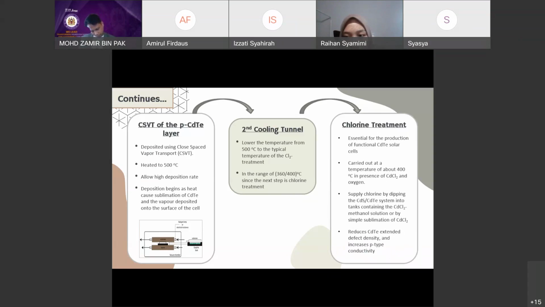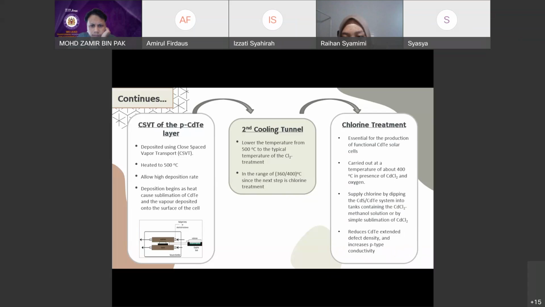Chlorine treatment is essential for the production of a functional cadmium telluride solar cell. The treatment is carried out at a temperature of about 400 degrees Celsius in the presence of cadmium chloride and oxygen.